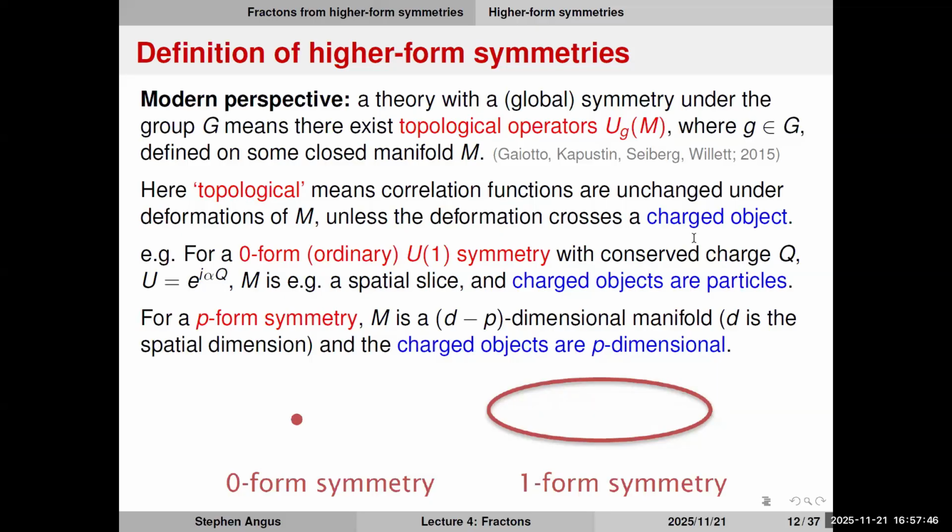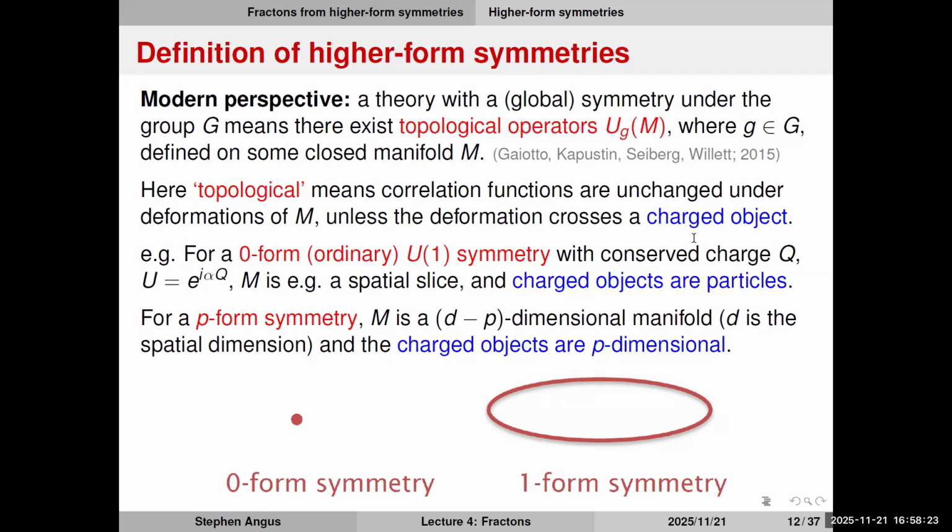For a zero-form symmetry, which is an ordinary symmetry, for example U(1) symmetry with a conserved charge Q, this operator is just the exponential of i alpha Q, where alpha is a parameter. We can take this manifold to be, for example, a spatial slice extending to infinity. The charged objects are just particles.